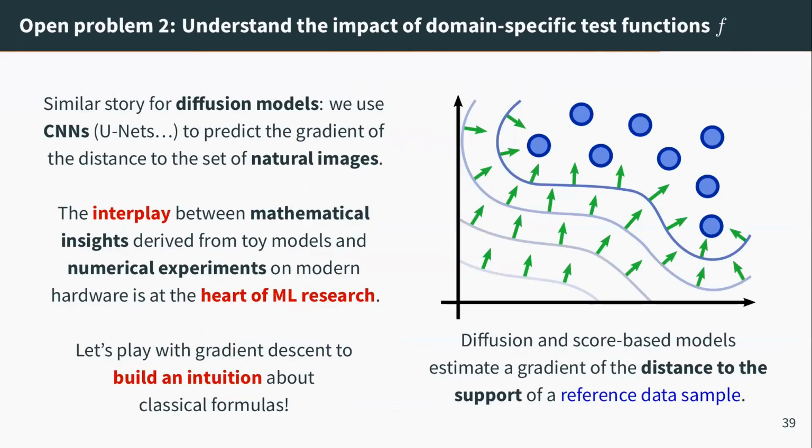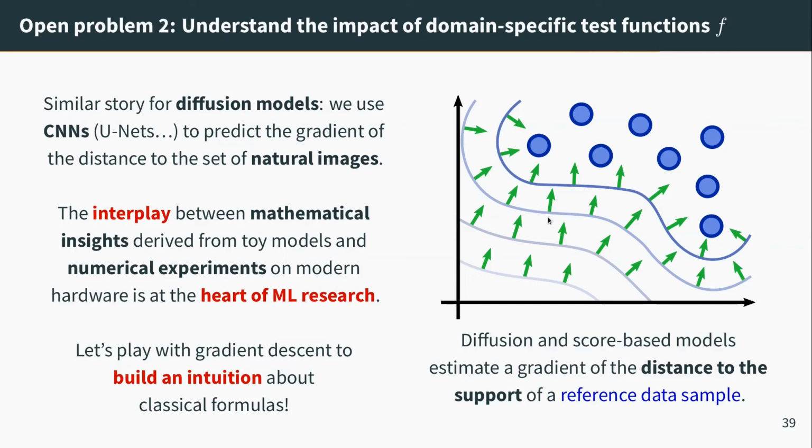And that's the same story, okay, for diffusion models. I showed you this picture that in the set of images, you have a data set of natural images, and we try to predict the gradients. So given any image, we try to predict a small vector field that takes us in the direction of the set of natural images. Well, if we were actually trying to solve this problem using arbitrary functions, it wouldn't work at all.